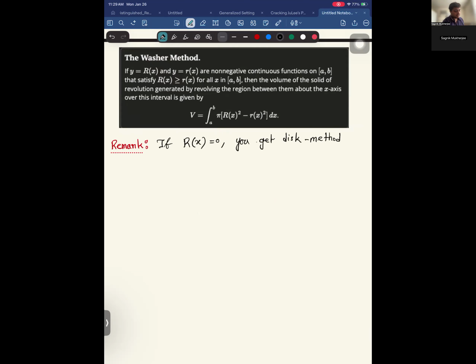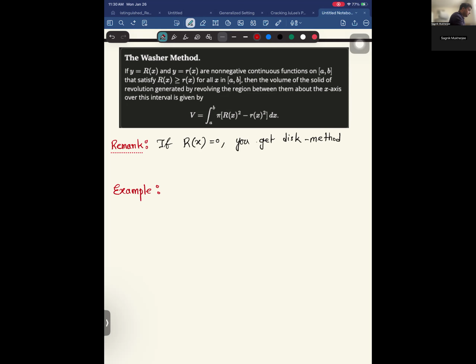So my point is that now if I have two different functions, and I try to find the intersected region and rotate it around the x-axis, what shall I get? So let me show you an example and then you will see the theory in action. Okay.